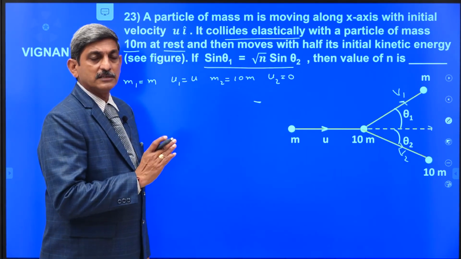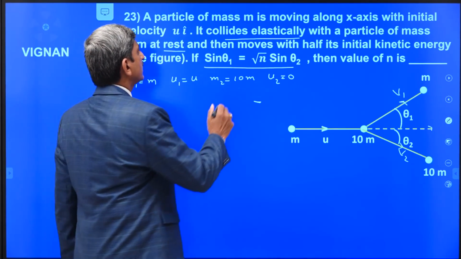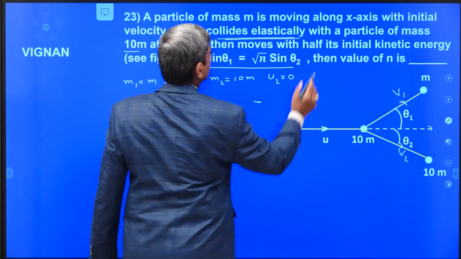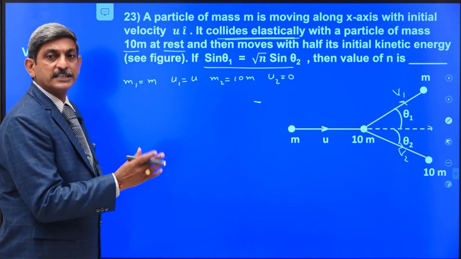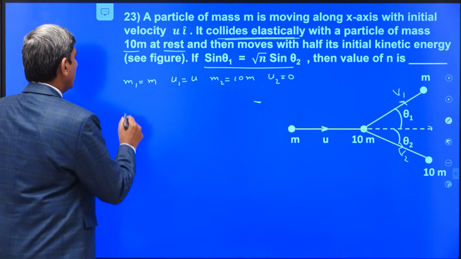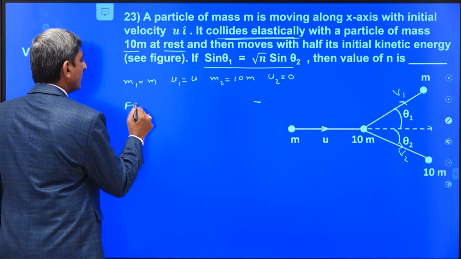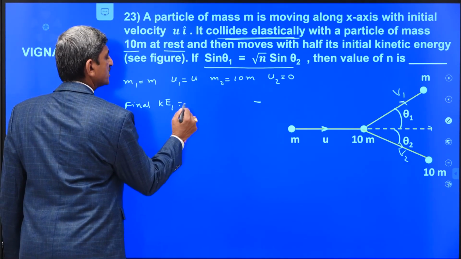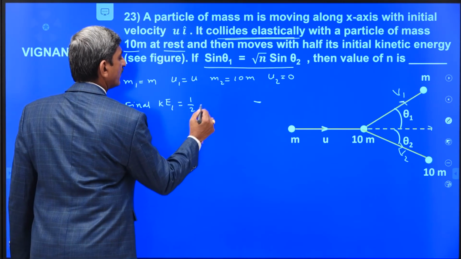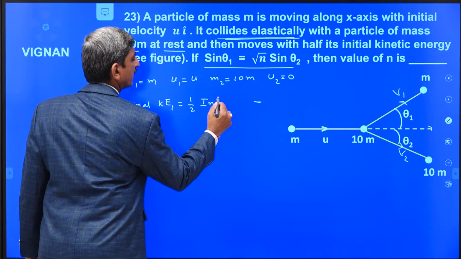Now here, in this problem it is given that the collision is elastic, and during the collision the energy is transferred between the bodies, and the final KE of the first body is equal to half of the initial KE of the first one.